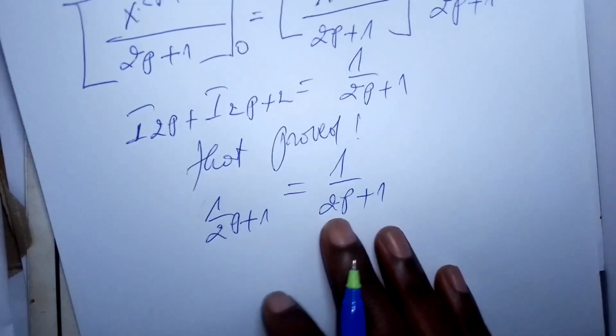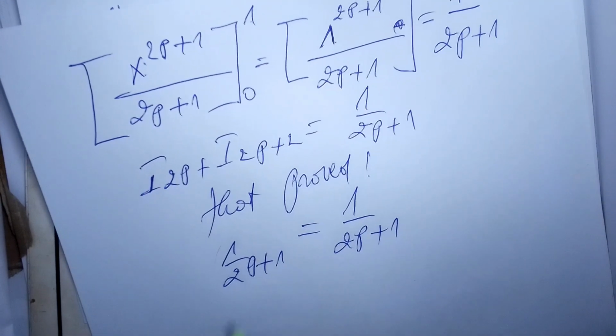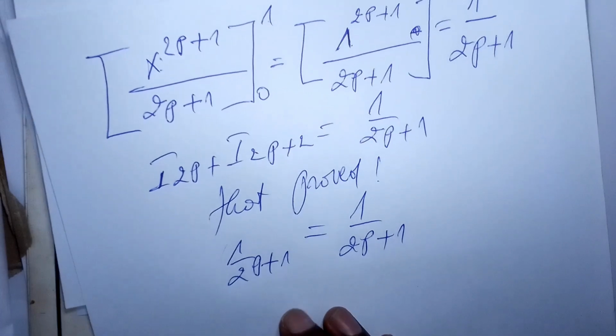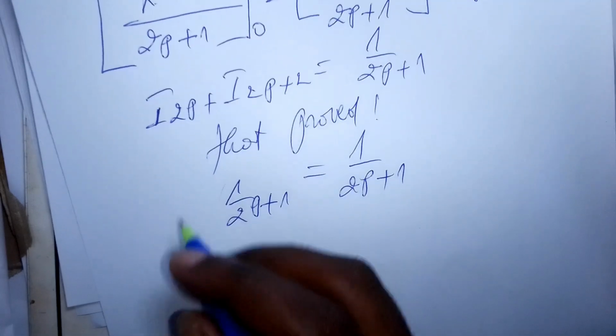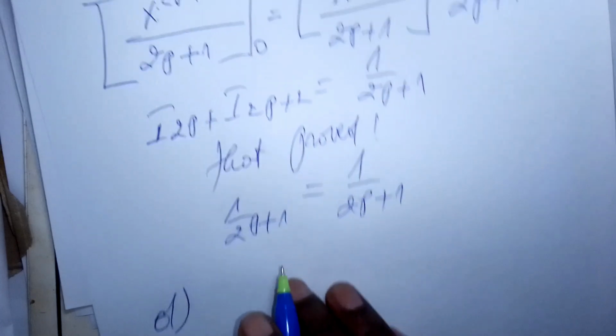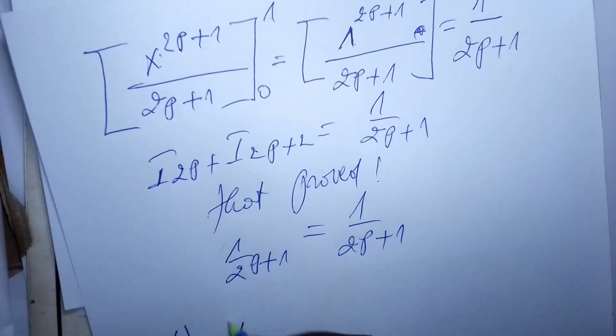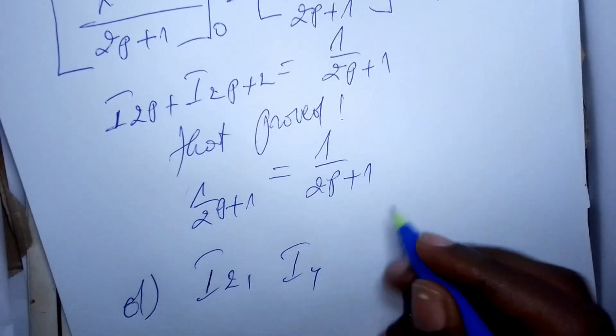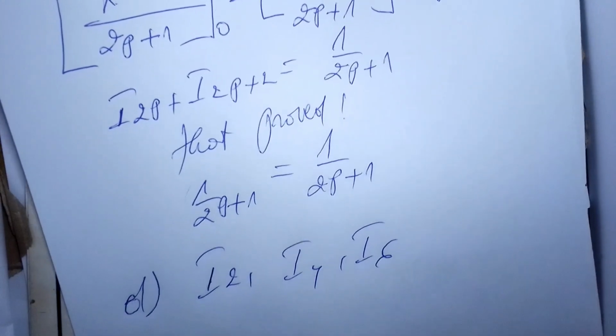So this is part C of our question. Now we are going to calculate I2, I4 and I6. So we reach sub-question D, where we have to find I2, I4 and I6.